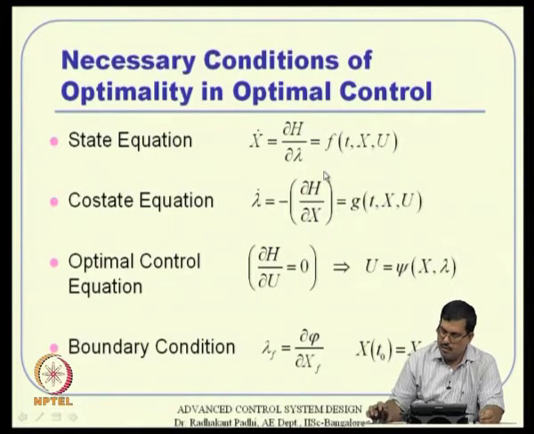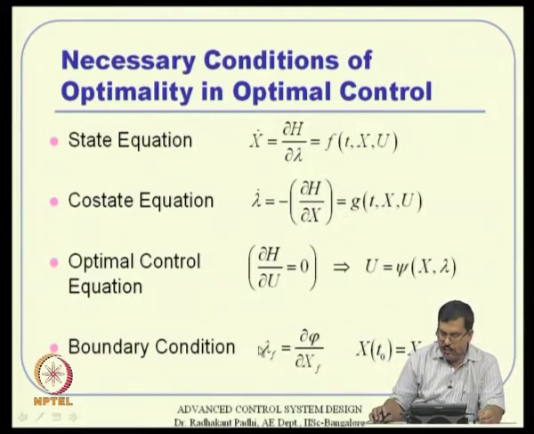So we are left with a two-point boundary value problem. The differential equations are 2n, n conditions are available at the initial time, and n conditions at the final time. That is the major problem.